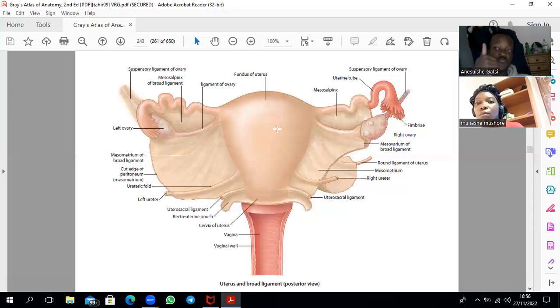So that ovarian artery, which we say supplies the ovary, would also give a branch to the ureter. It also gives a branch to the uterine tube. So the uterine tube is just between two things, the ovary and the uterus, so it will get blood supply from either end.